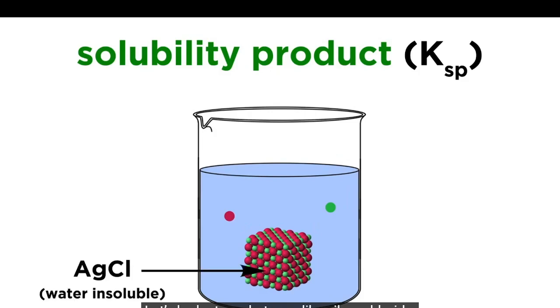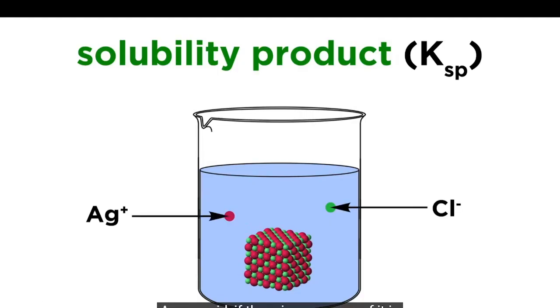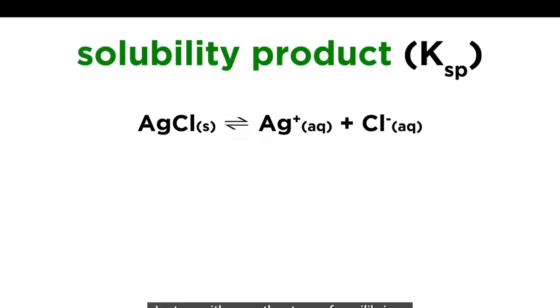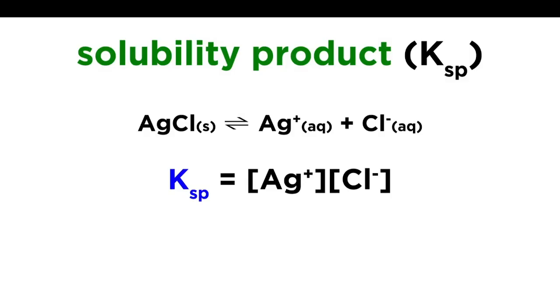Let's look at a substance like silver chloride, which we label as water insoluble. As we said, if there is an excess of it in water, it will dissolve to a tiny extent and cause a dynamic equilibrium. Some ions dissolve as other ions rejoin the lattice. Just as with any other type of equilibrium, there must be an equilibrium constant to describe it, and that's the solubility product.